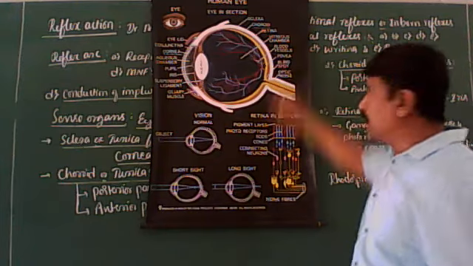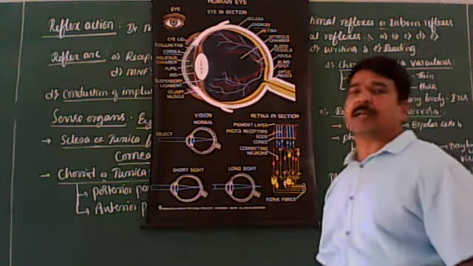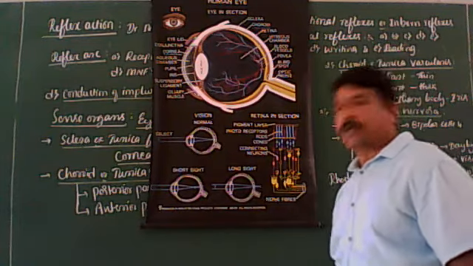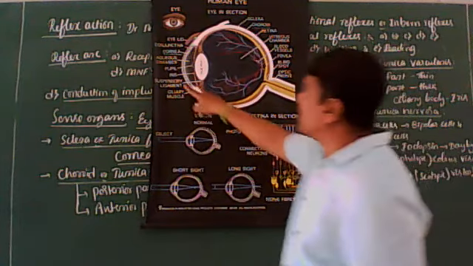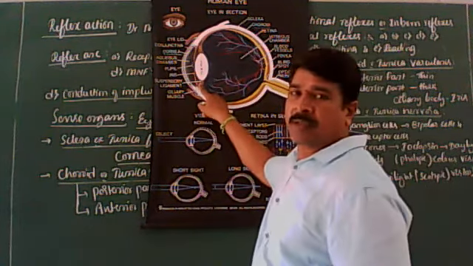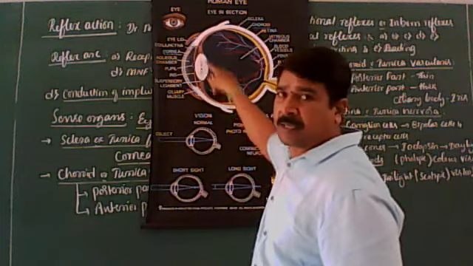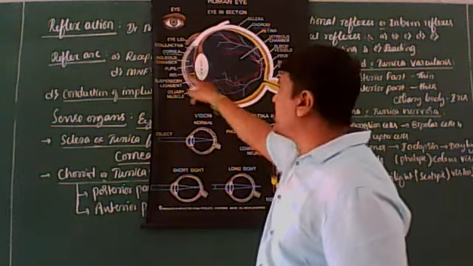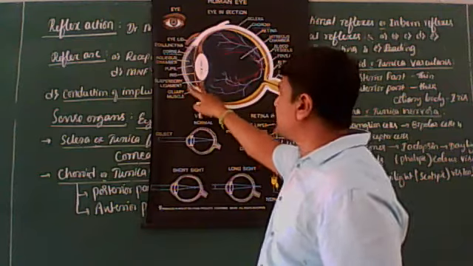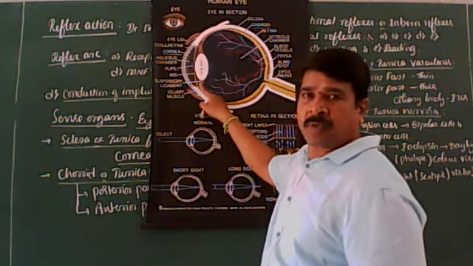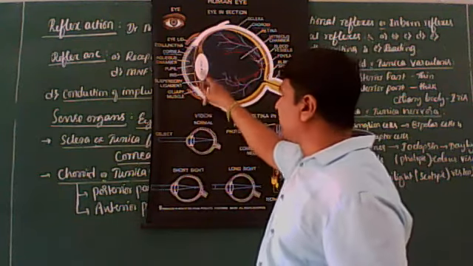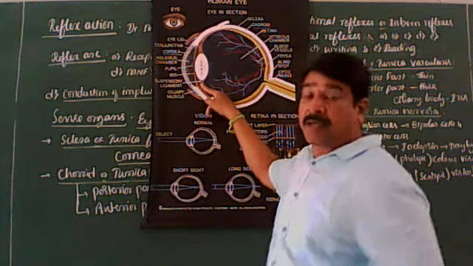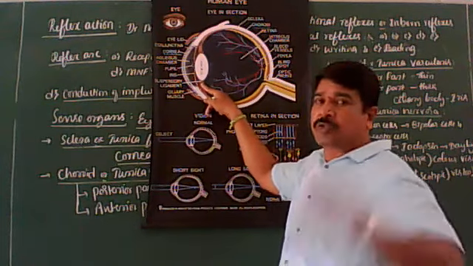The lens contains crystalline protein, suspended behind the pupil by suspensory ligaments. Both the lens and suspensory ligaments divide the eyeball cavity into two chambers.